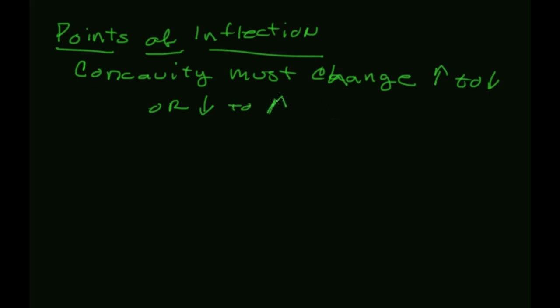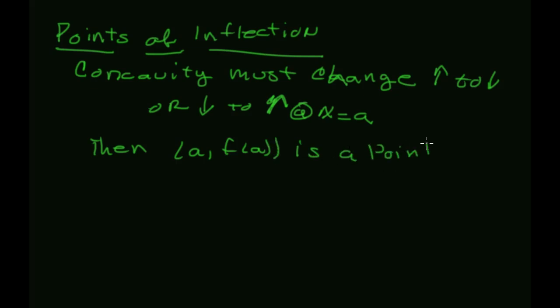Okay, so it's going to change at some point, x equals a. Okay, so if it does that, then the point a, f of a, is a point of inflection.